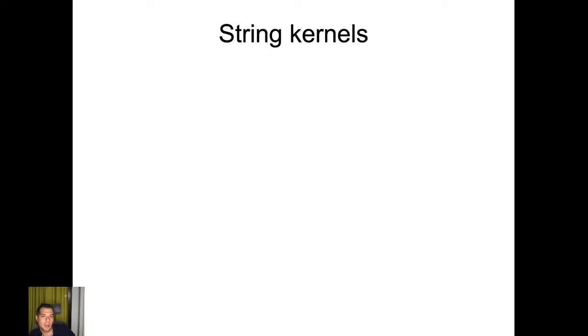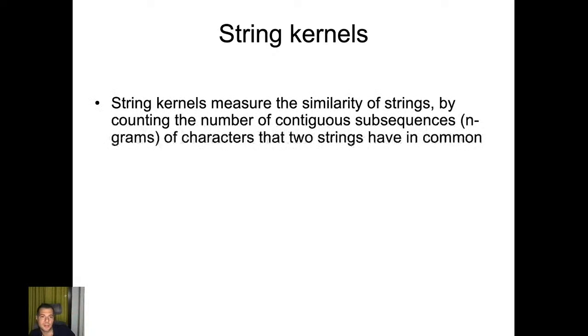And I'm going to also present a specific example of kernel functions that are used for text and for sentences, and in general for documents, so in natural language processing. But also on any sequences of characters. So for example, they have also been used on DNA to find proteins and so on.